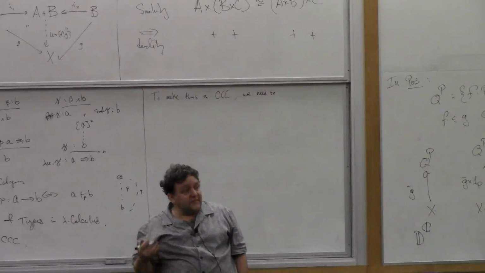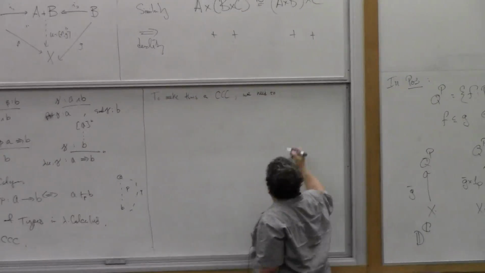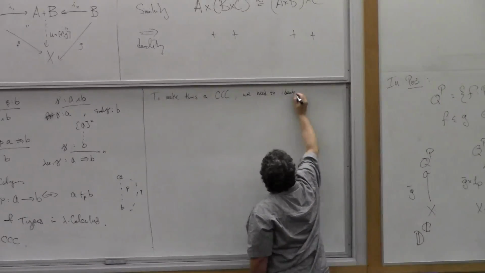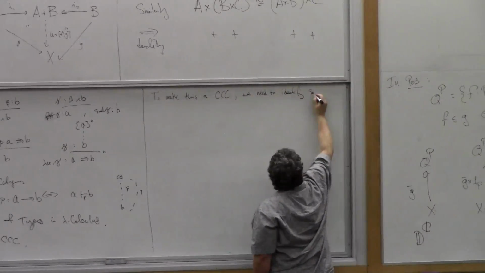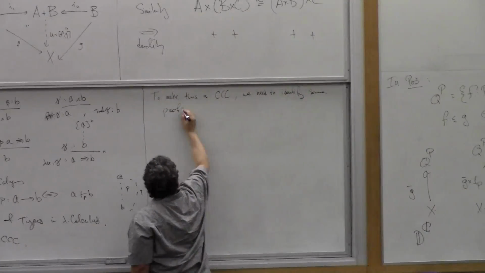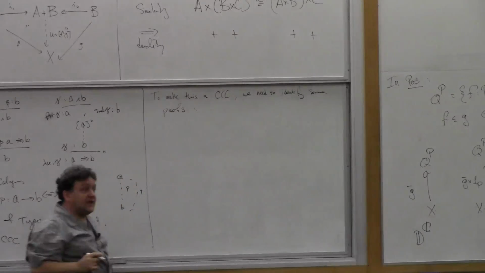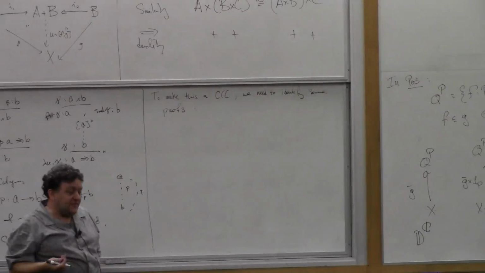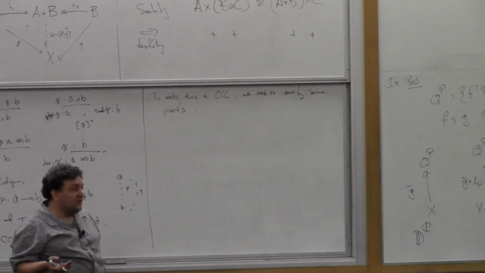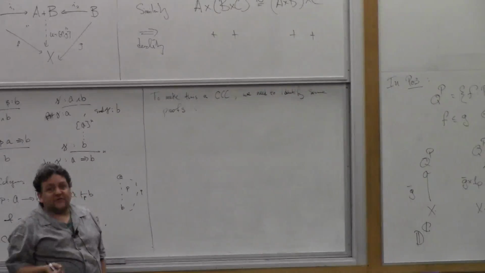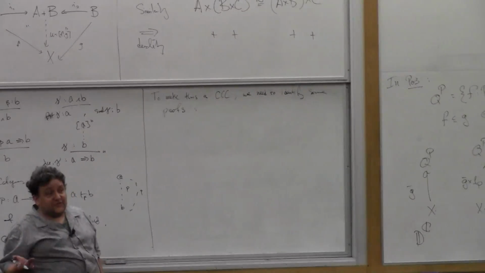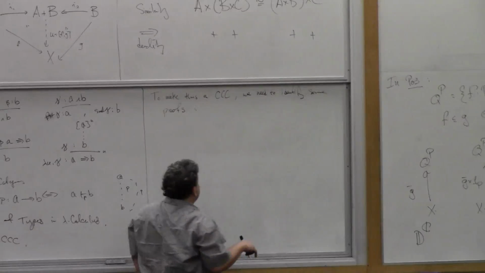But to make it really be a Cartesian closed category, we need to identify some proofs. And in fact, it's easy to say which proofs need to be identified. It might have been that the congruence relation or the equivalence relation on proofs was something that's really hard to specify, right, in order to make it Cartesian closed. But it turns out it's very simple to specify. It has some familiar axioms.